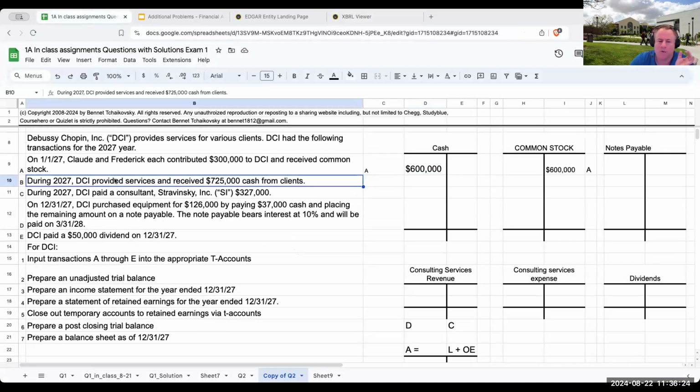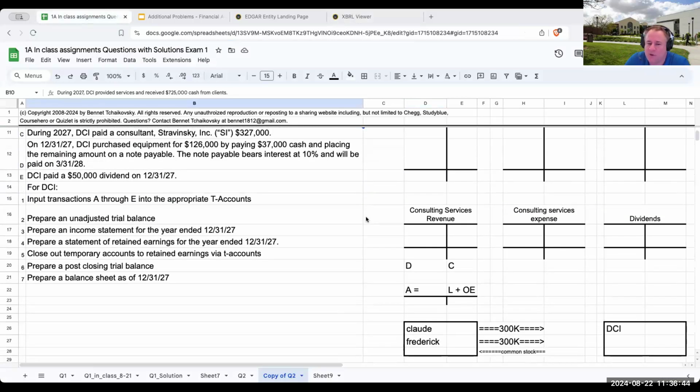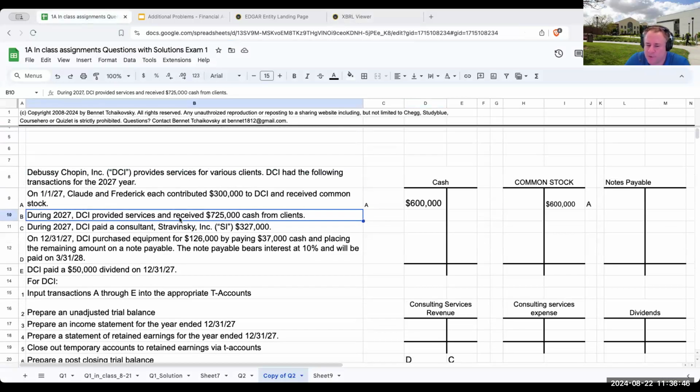That's really kind of what we're talking about. So we provided services and received 725,000 in cash from clients. So what we're going to assume is that DCI has done everything they need to earn this money. So let's think about what's happening over here. Let's do the easy part first.